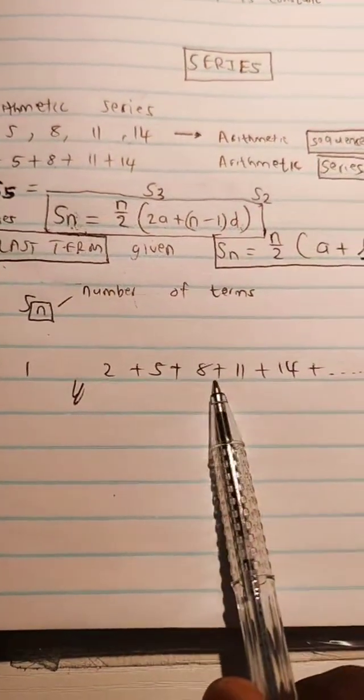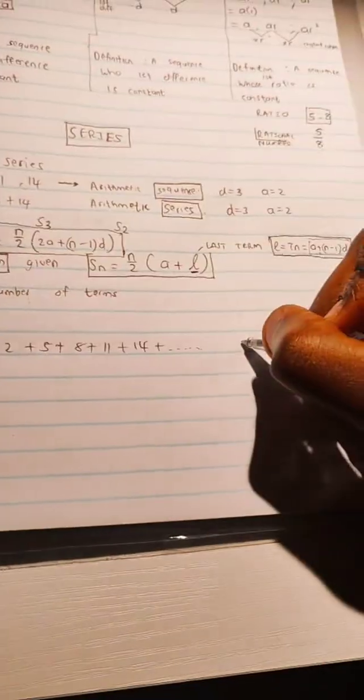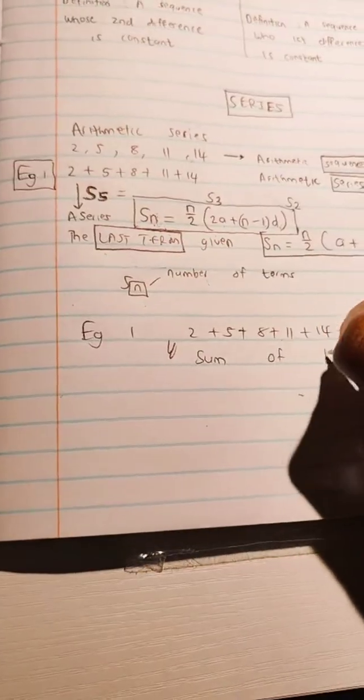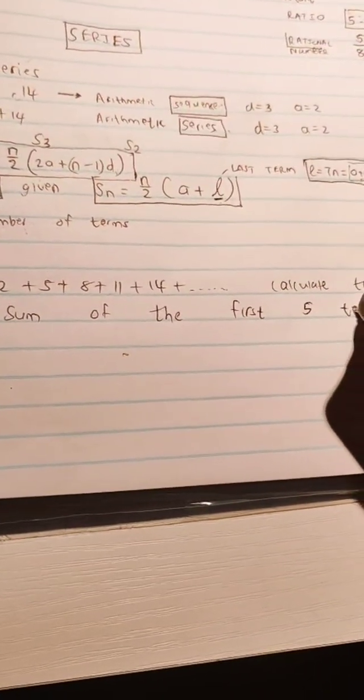Anyways, here it is: 2 plus 5 plus 8 plus 11 plus 14 plus ... Let's just say the series continues. All right. Now they are saying to us, calculate the sum of the first 5 terms.